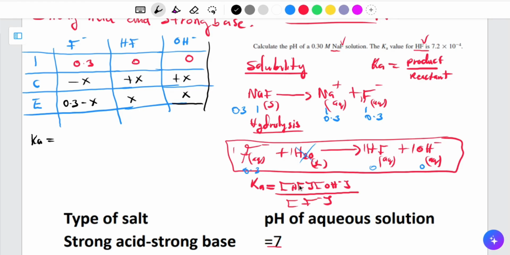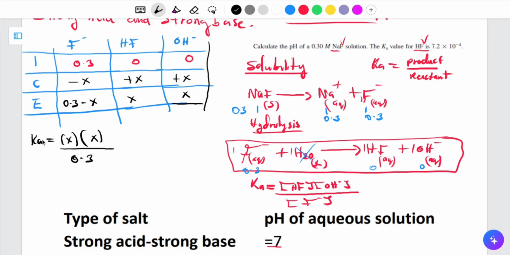So we know to say that hydrogen fluoride here is what? According to what we have here, it is x. What about hydroxide ion? Yeah, hydroxide ion is also x. Then divided by, what about fluoride ion? So according to the concentration, it is 0.3.